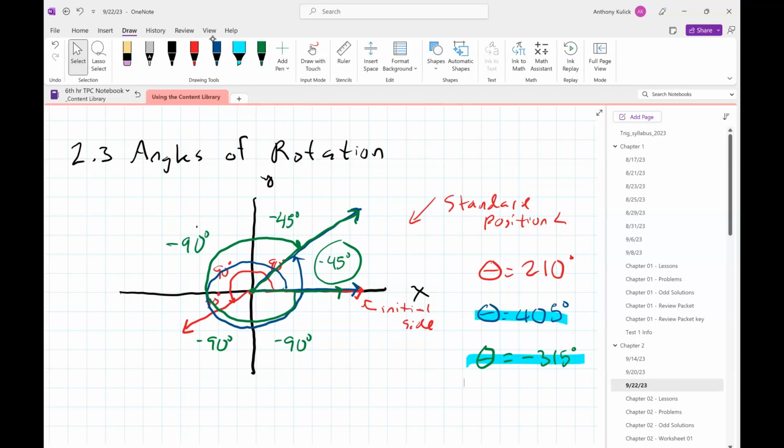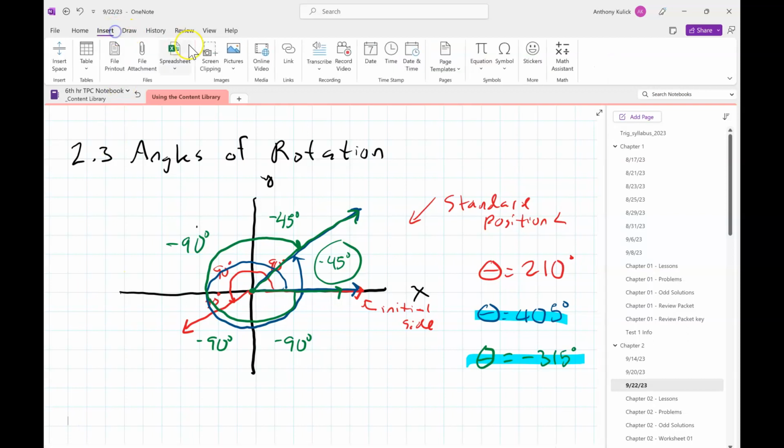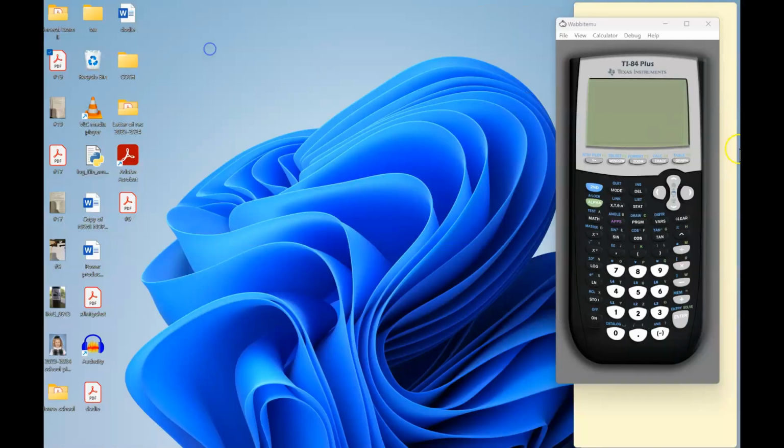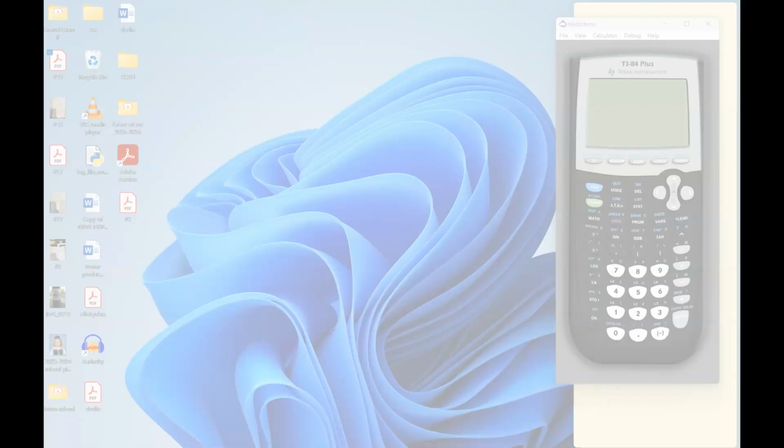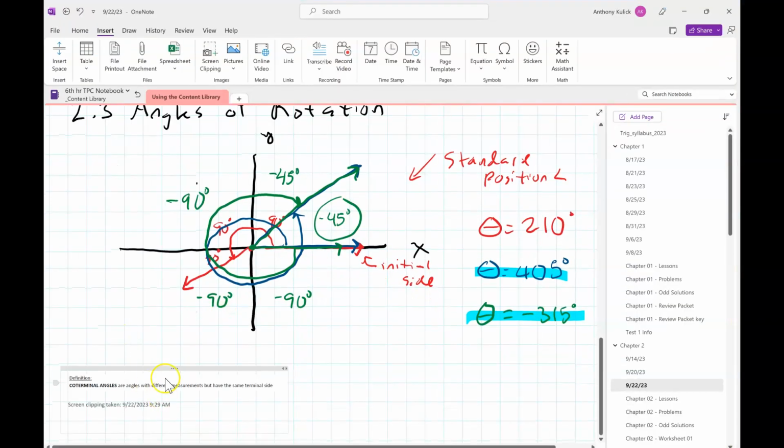They ended up landing on the same line at different angles. Yeah, the terminal side is in the exact same location, even though those are two different angles. That seems like a special thing. Let's give that a name. So we'll call those situations where the terminal side for two different angles is in the same location, coterminal angles. So the definition there, drop that in.